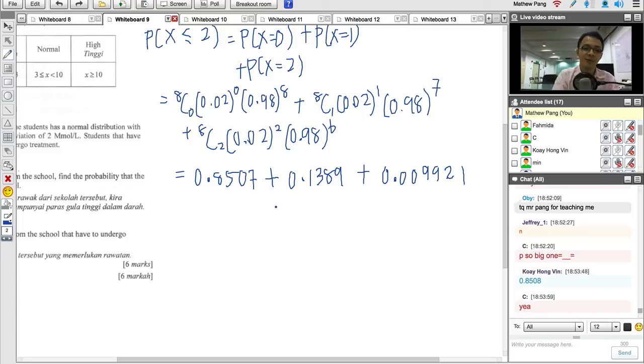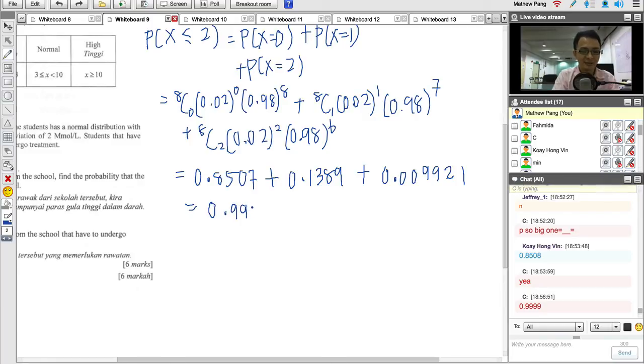Then I plus everything: 0.8507 plus 0.1389 plus that, and I got 0.9995. Wow, almost impossible. This is the answer I got. You got 999, impossible, you got 49. Your maximum can get 39 only.